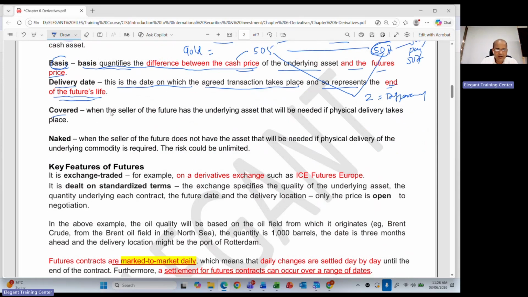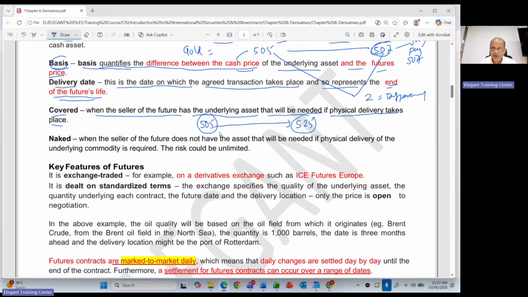Covered: when the seller of the future has the underlying asset that will be needed if physical delivery takes place. Please understand the concept. Suppose you bought from me a gold future at 505, and at the expiry date, let's say the price is 525. You can say, Aditya, I want to buy gold.